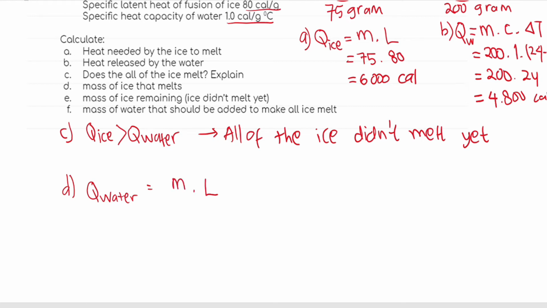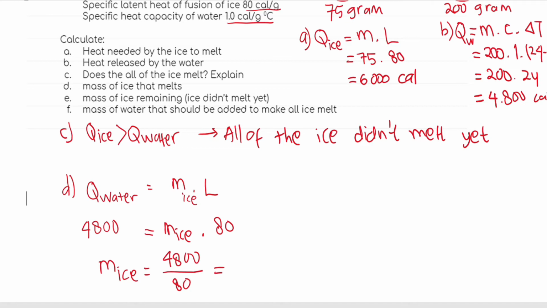So we use this equation: the heat released by the water equals the mass of ice times the specific latent heat of fusion of ice. So the heat from the water is 4,800 equals the mass of ice that melts times the specific latent heat of fusion of ice, which is 80. So the mass of ice equals 4,800 over 80, which is 60 grams.